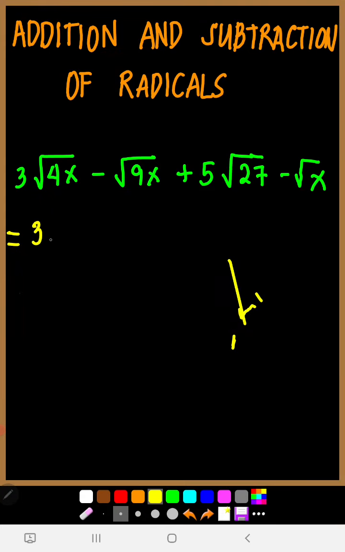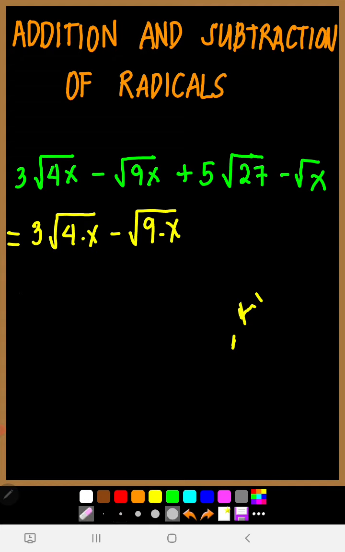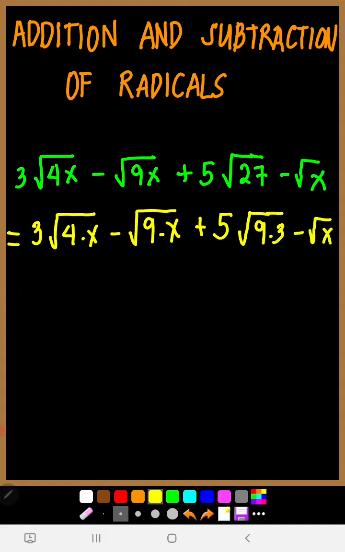Paghiwa-hiwalayin natin siya. 4 times x minus ito magiging 9 times x. And then, ito magiging 5. Ang 27 po ay, that is 9 times 3. And then, minus square root of x.